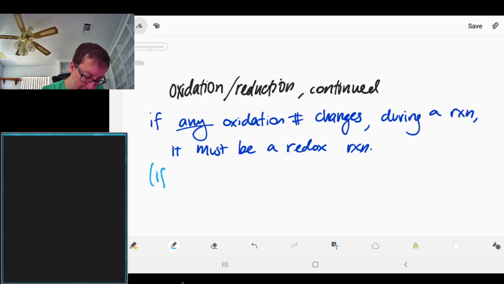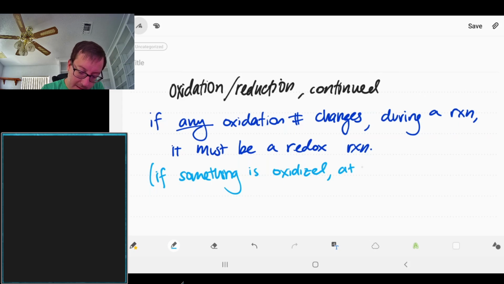So if something is oxidized, at least one thing must be reduced.